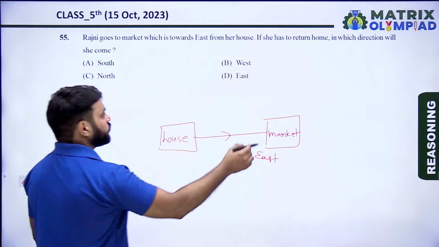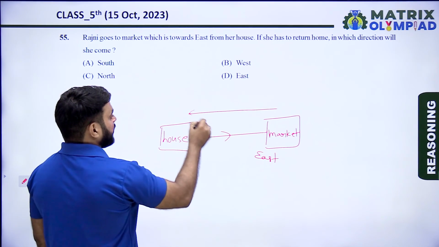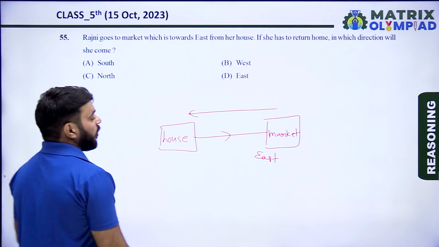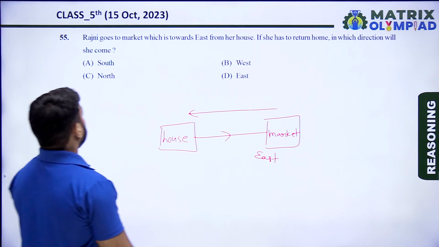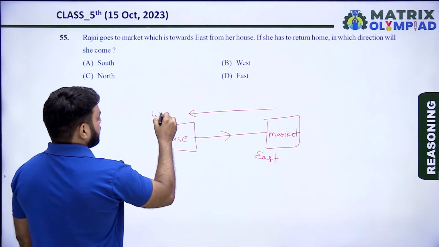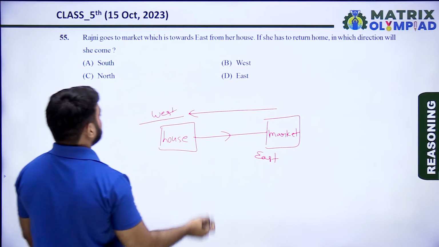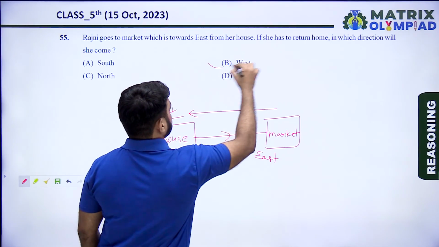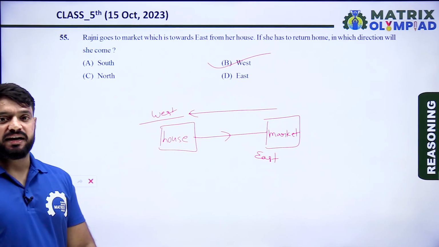If she has to return home, in which direction will she come? She will come in the west direction. So the correct answer is west. It means option B is the correct answer.